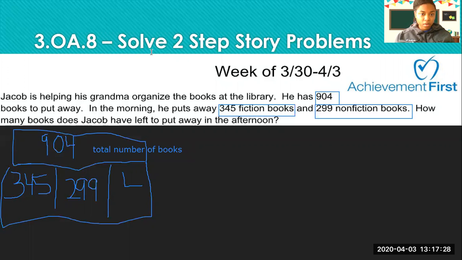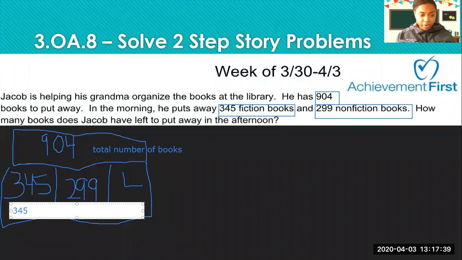Then let me think. 345, what does that represent? Based on the story, 345 is the number of fiction books put away in the morning, maybe before he took his little break.